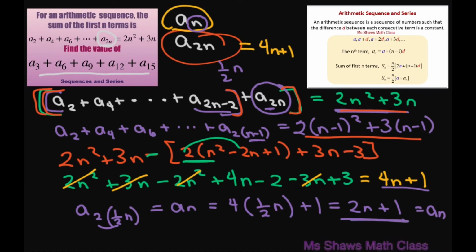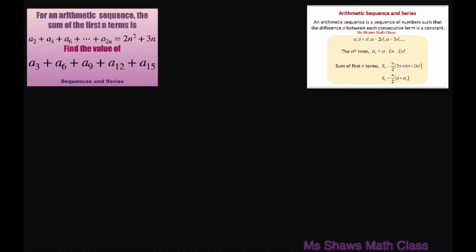Now that we have that, we can use our formula and find our sum. So we have a sub n equals 2n plus 1. That means a sub 3 is going to be 2 times 3 plus 1, which equals 7.